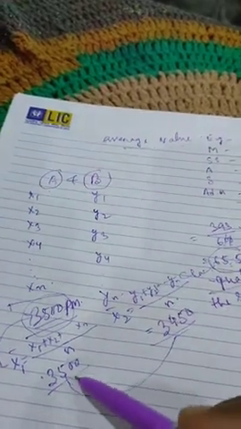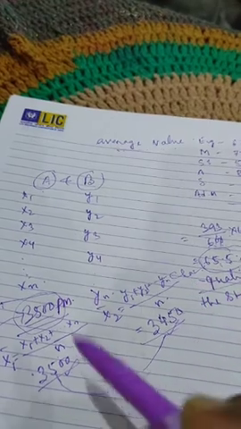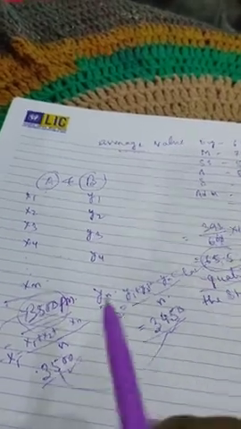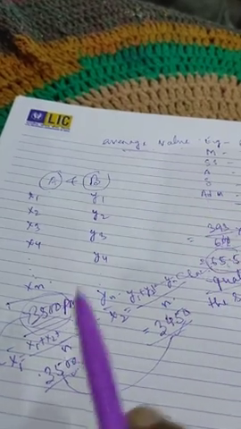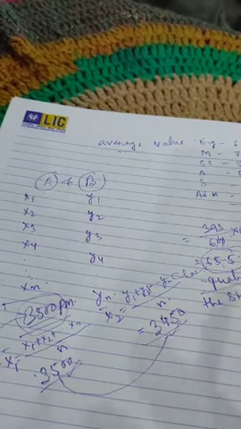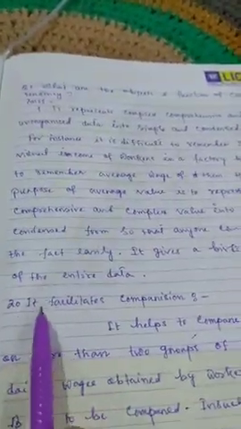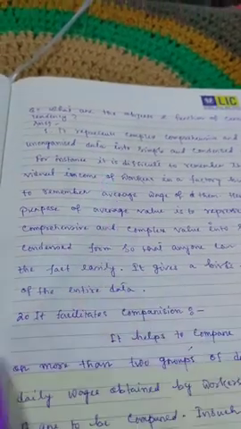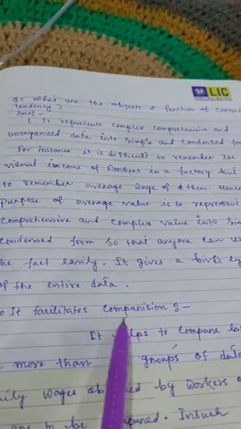So the average value or the measures of central tendency ultimately helps us to compare the condition or status of two different factories, so it makes it easier. Therefore we can say that the measures of central tendency facilitate comparison.